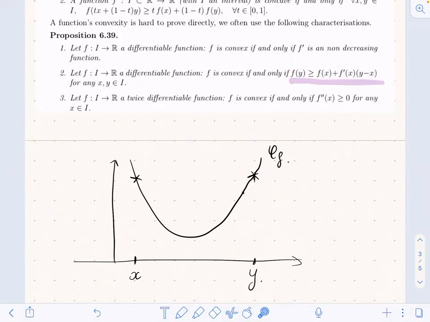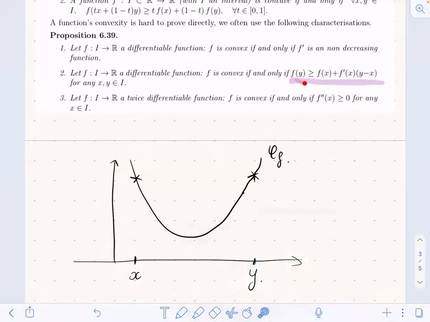The convexity of a function is directly linked to the behavior of its tangents. If we take a look at the function that's drawn below, I can tell you that, just by the way it looks, it's convex. One thing that's important is that it's always above all of its tangents.